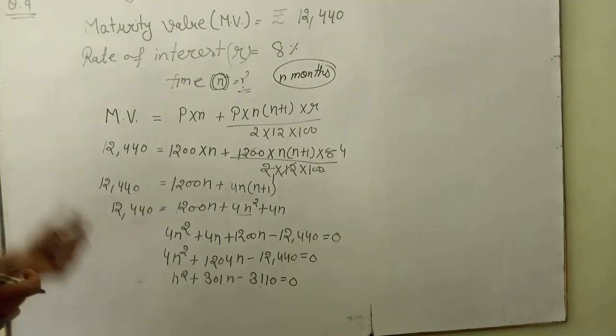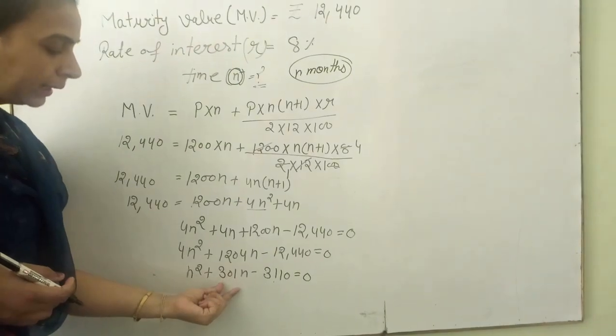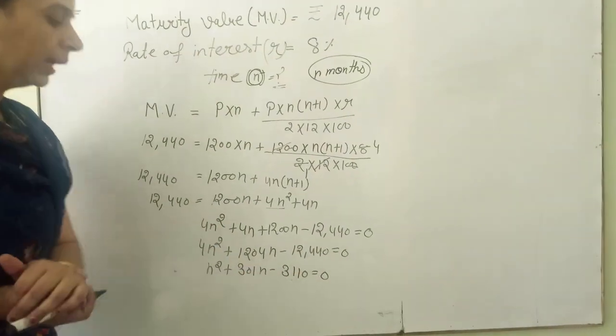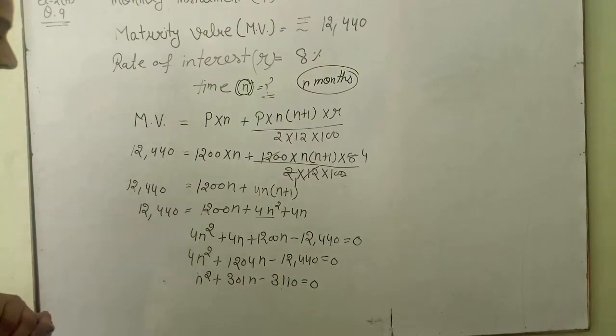Okay students, now we have a quadratic equation in the variable n. Here in place of a there is 1, in place of b 301, and in place of c minus 3110.